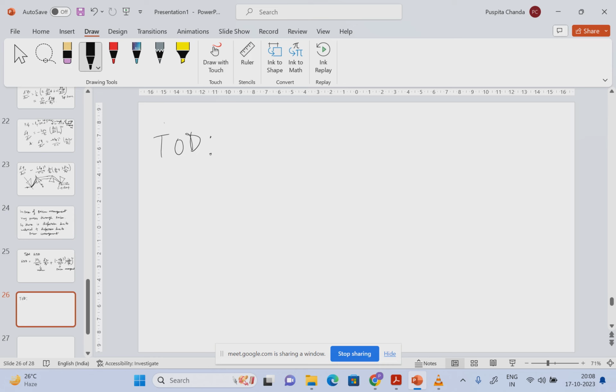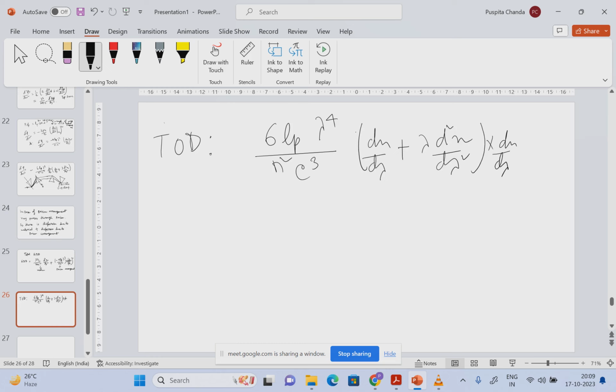The third order dispersion is 6 L p lambda 4 by pi square c cube, dn by d lambda plus lambda d squared n by d lambda square, into dn by d lambda, minus lambda 4 by 4 pi square c cube, 3 d squared n by d lambda square plus lambda d cube n by d lambda cube.